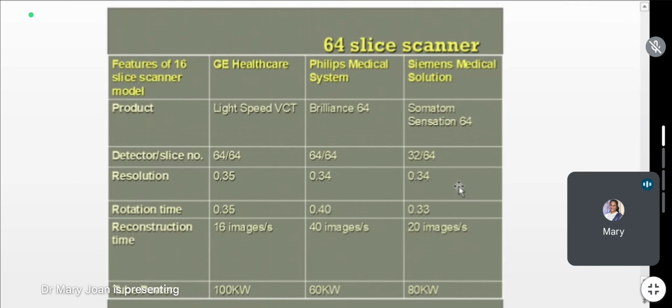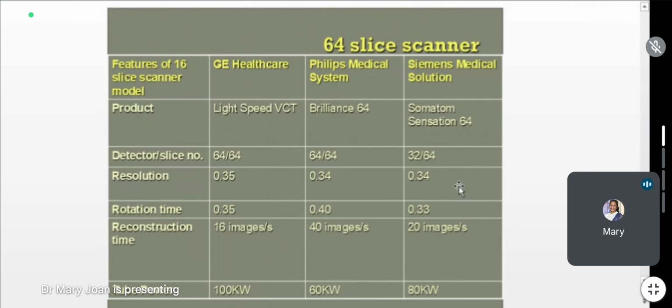The GE equipment is called LightSpeed VCT, Philips Brilliance 64, and Siemens SOMATOM Sensation 64. The detector or slice number is 64, and Siemens has 32 or 64.